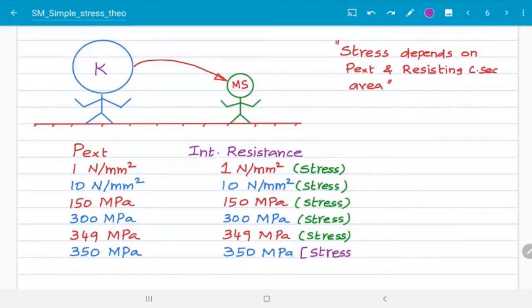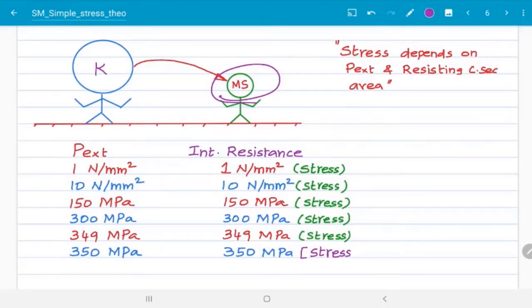Now, when Korean is applying load continuously like me, 1 megapascal, 10 megapascal, 150, 300, 349, 350, like that, tell me at what load the same boy, Mahendra Singh, will fail. What is your expectation?